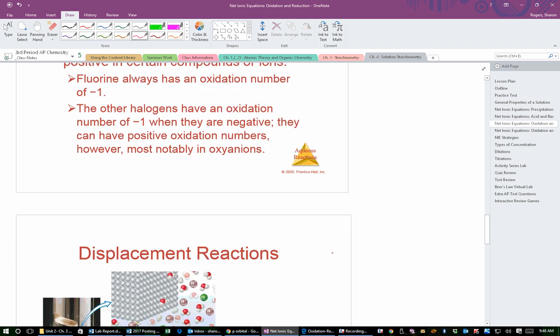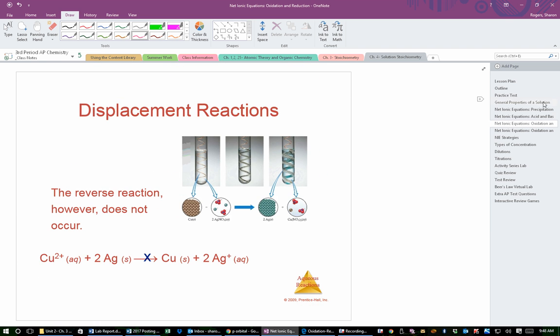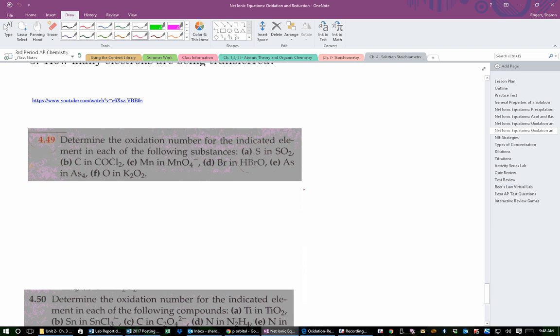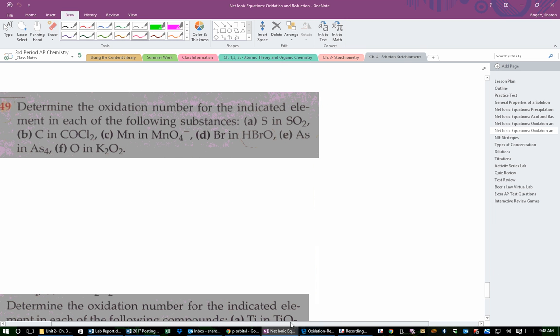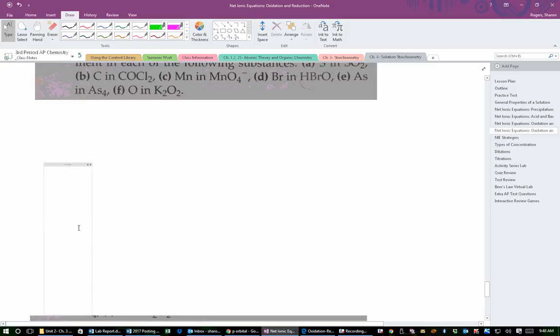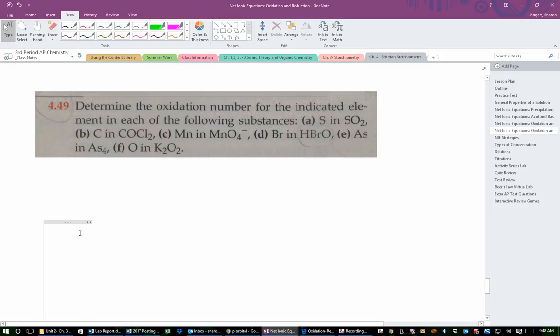Okay, I'm going to scroll down and we're going to do a book problem. Number 49. This is how you would see a question being asked in the book about oxidation numbers.